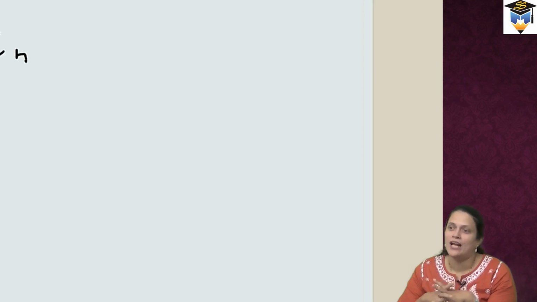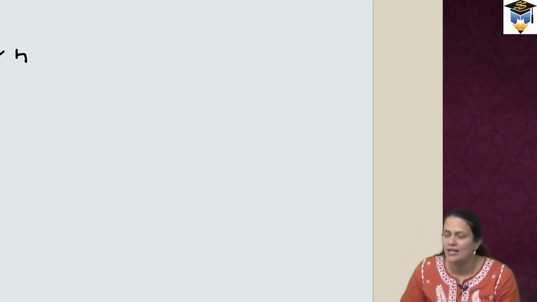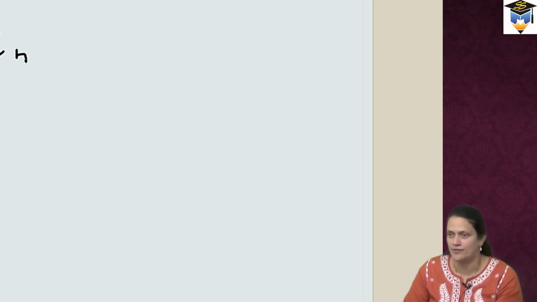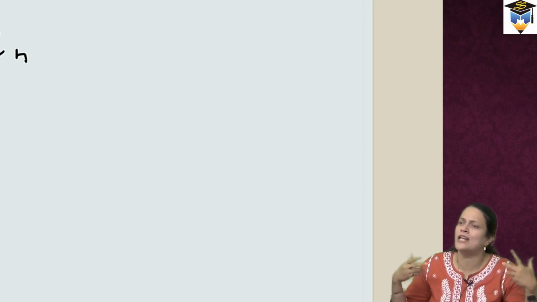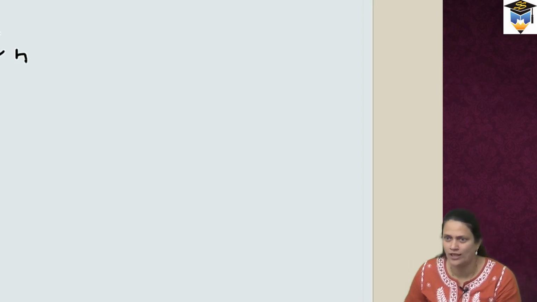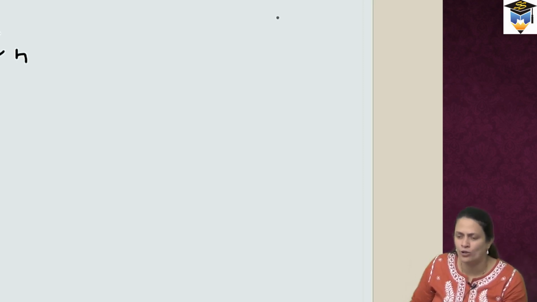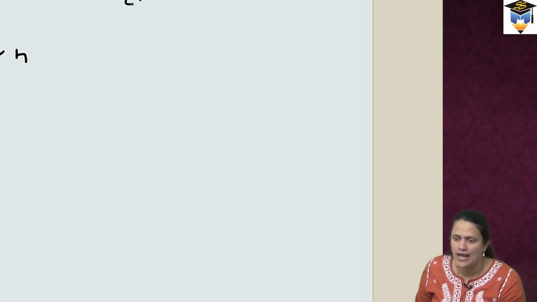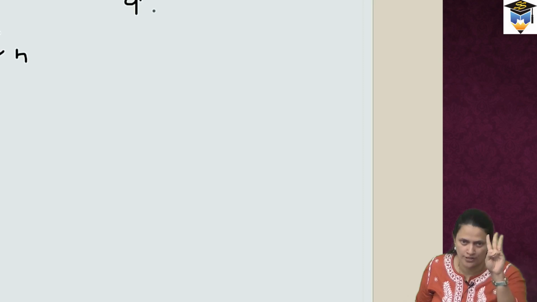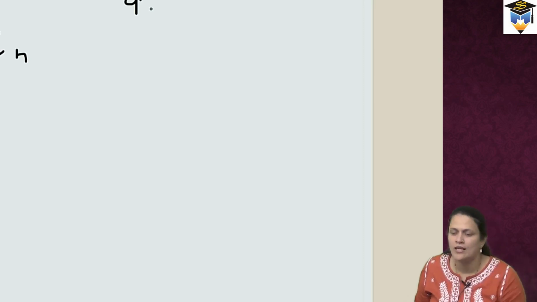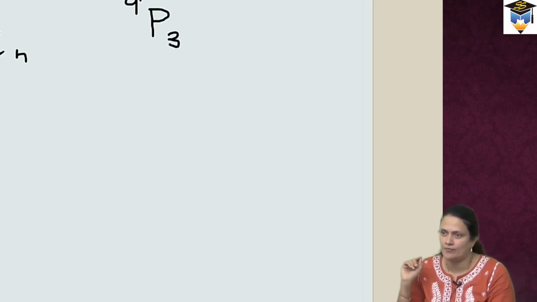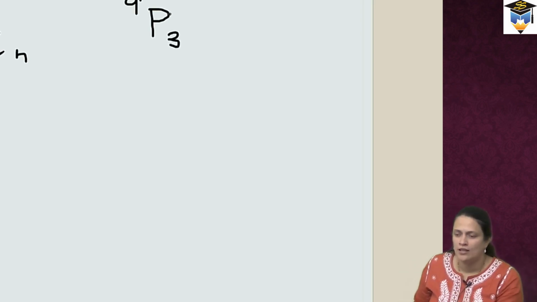Let us say out of 9 students, I have to select any 3 students. Any 3. There is no condition on which type of students are there. Then we are going to apply permutation in that case. What is permutation?